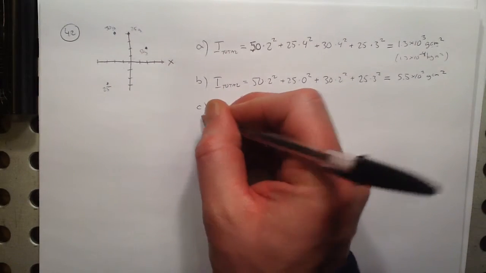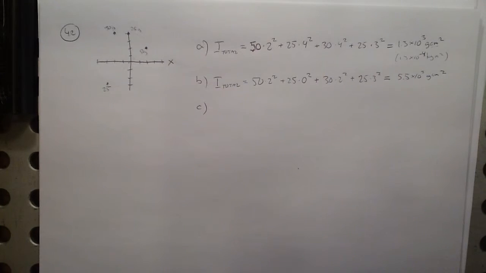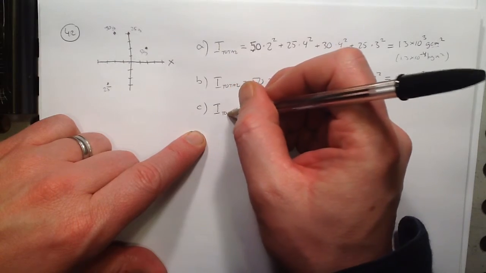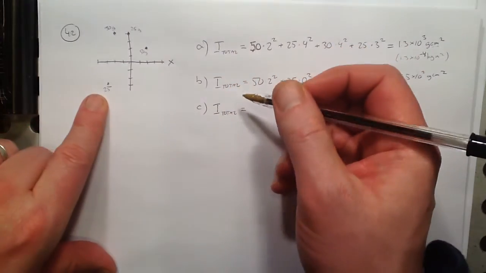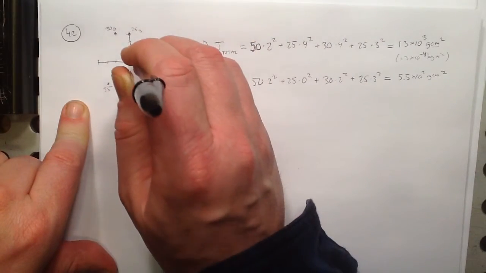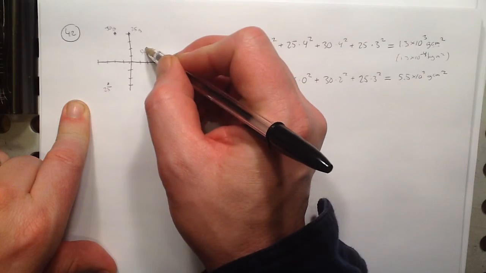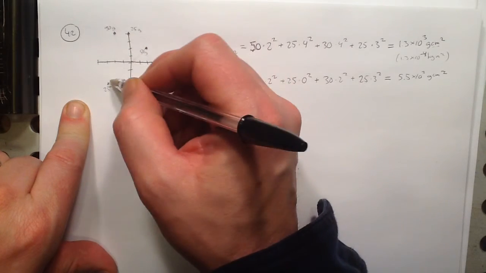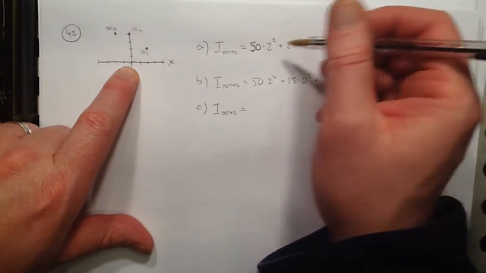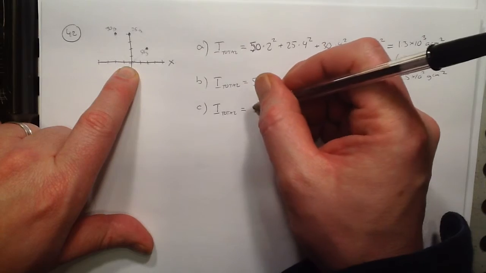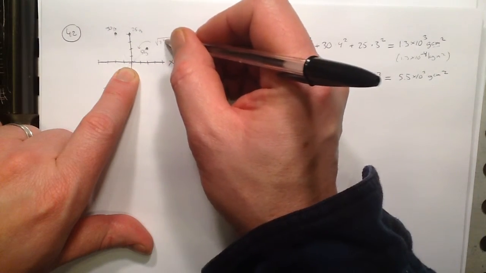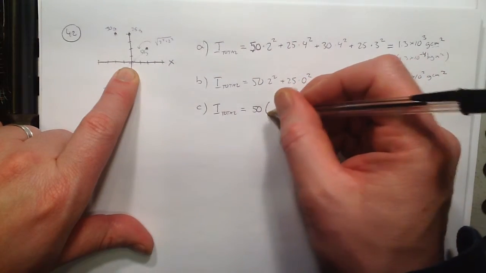And then in C, they want the total if we rotate it around the z-axis. So if it's rotating around an axis coming out of the page right at you, now the distance from the axis is this Pythagorean distance here. And remember that we're going to square that distance. So I would have 50 times, this Pythagorean distance is the square root of 2 squared plus 2 squared, but we're going to square that.